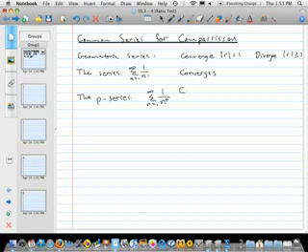This will converge for p greater than or equal to 1, and it will, no, sorry, it's the other way around. It will converge, oh no, I had it right. It will converge for p greater than or equal to 1, and it will diverge if p is less than 1.